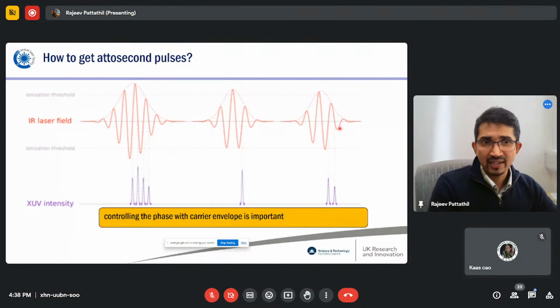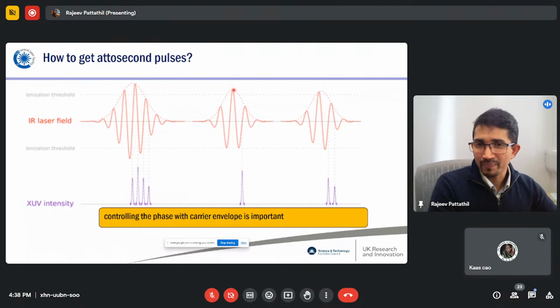So as we said, every half cycle produces an XUV pulse in a multi-cycle pulse. You'll get a spectrum like this per pulse. But if you go to very short pulses, like few-cycle pulses, in principle you can get an isolated attosecond pulse like this if the peak of the pulse is coinciding with the carrier frequency.